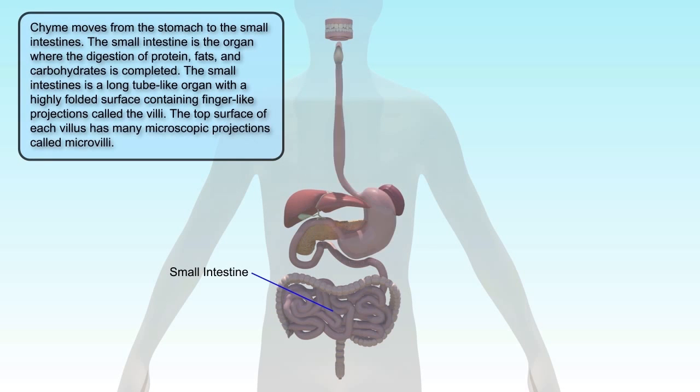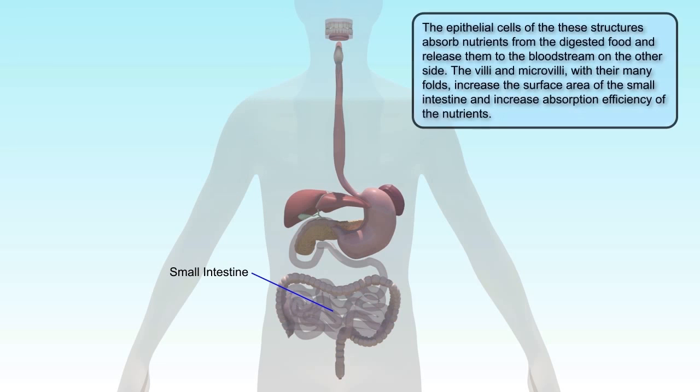Chyme moves from the stomach to the small intestine, the organ where the digestion of the protein, fats, and carbohydrates is completed. The small intestine is a long, tube-like organ with a highly folded surface containing finger-like structures called villi. The epithelial cells of these structures absorb nutrients from the digested food and release them to the bloodstream on the other side.